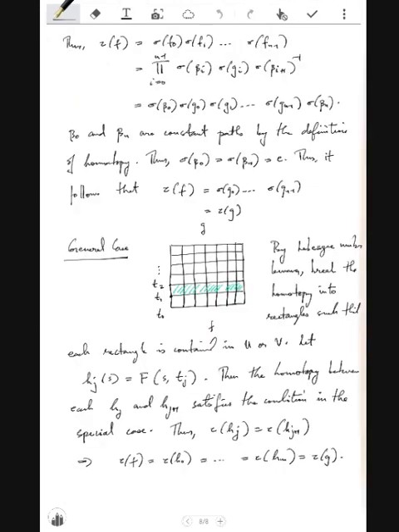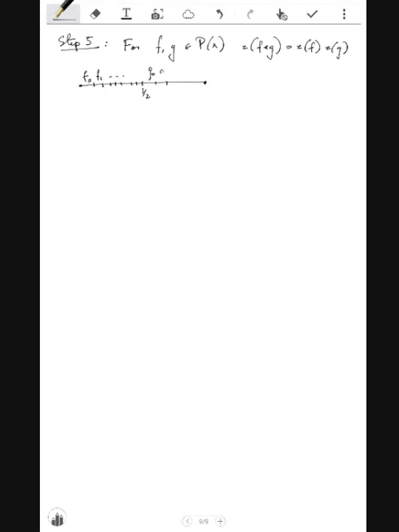So now let's go to step 5. For paths f and g in X, tau of f star g is equal to tau of f times tau of g. So for f star g, we can choose a partition like this, f_0, f_1, and so on, up to g_0, g_1, and so on.